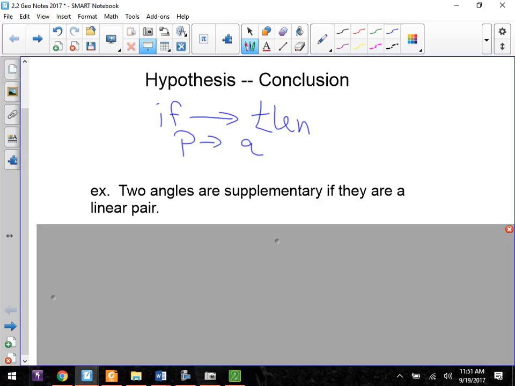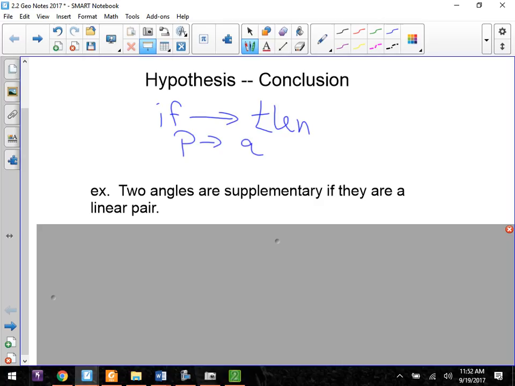How would you say that in terms of if and then? It's quite literally putting the words if and then in there. You flip things around. Take the exact words. What do you got? Yeah. Oh, if. Perfect.